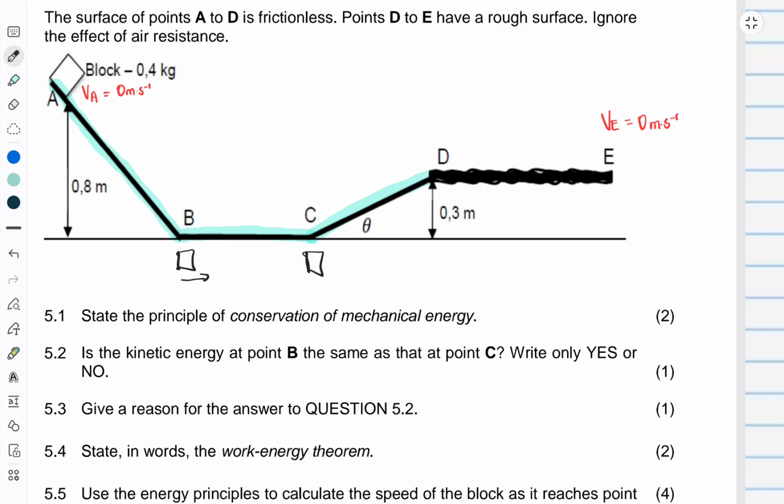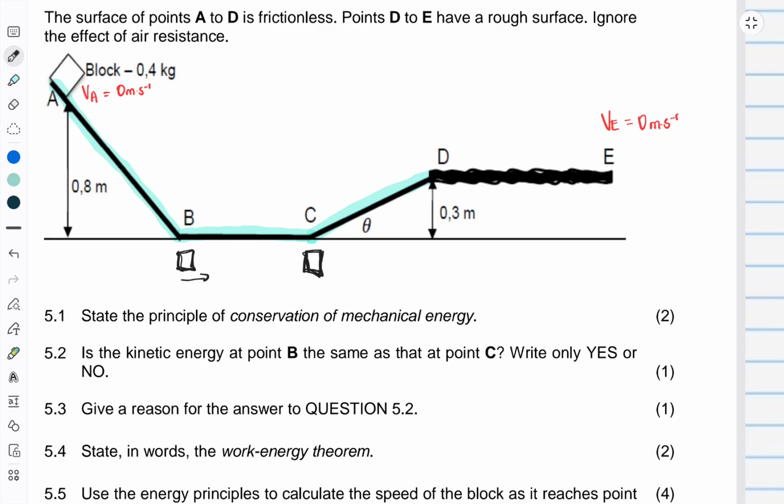The velocity at B will be the same as the velocity at D, because friction is not slowing down the block, and air friction is also not slowing it down. So yes, we can say the kinetic energy at point B and C will be the same.